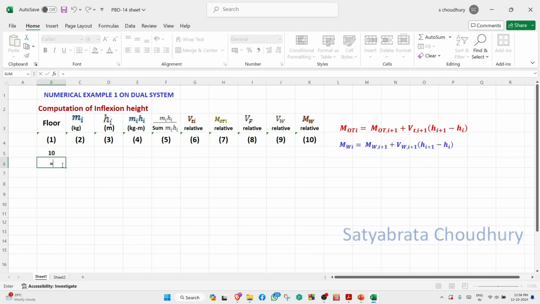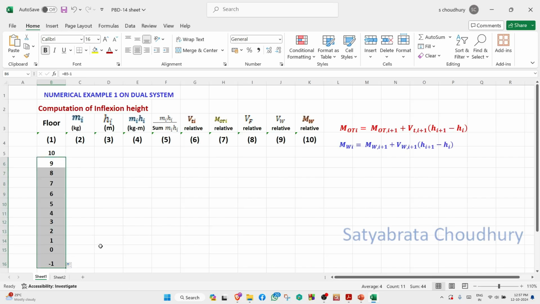We can take the help of Excel here, equal to this minus 1, and drag the formula to get the other floors. This minus 1 we don't require. 0 means the foundation ground level, the last one. This is the first floor and this is ground level. The ground level value we shall also require for moments etc.